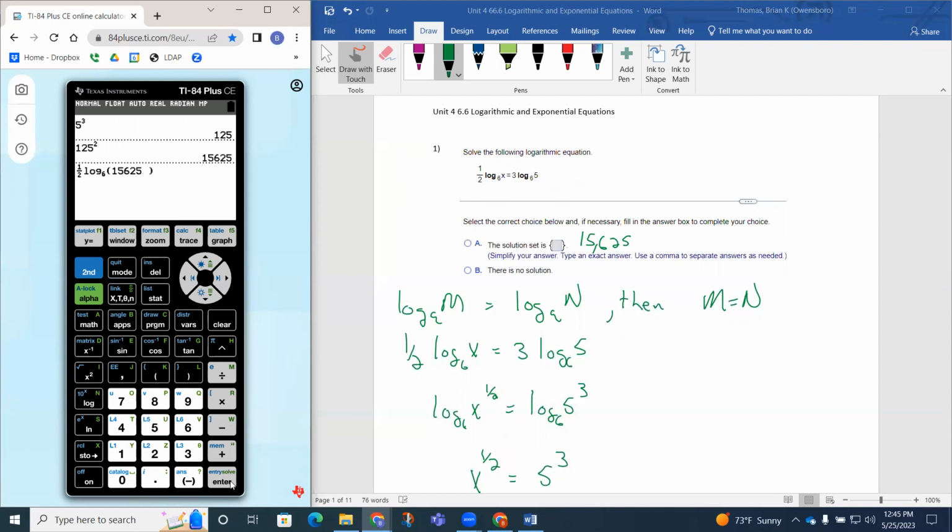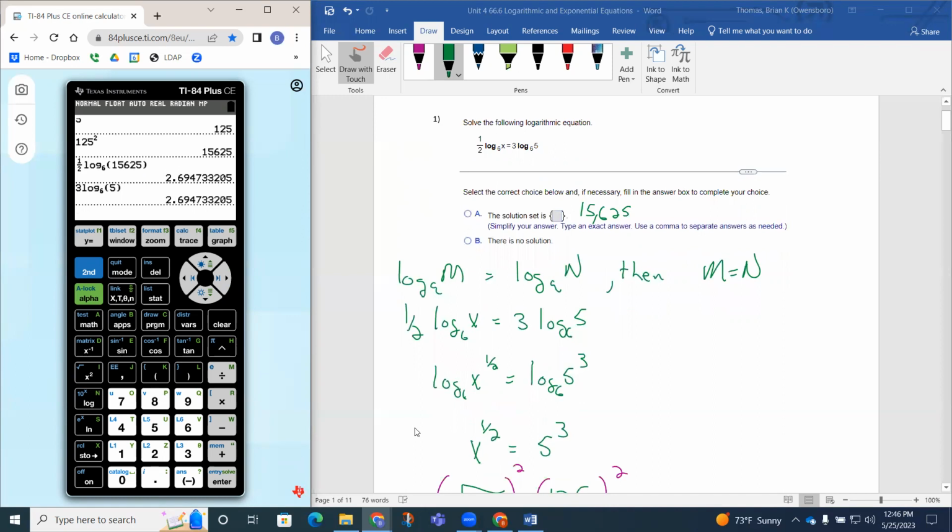Hit enter. That gives me that value. Then if we do 3, and again do that math log base, and put a 6 there and a 5 there, I should get the same answer. And we do. So they are equivalent. That does check out that 15,625 would be the solution to this problem.